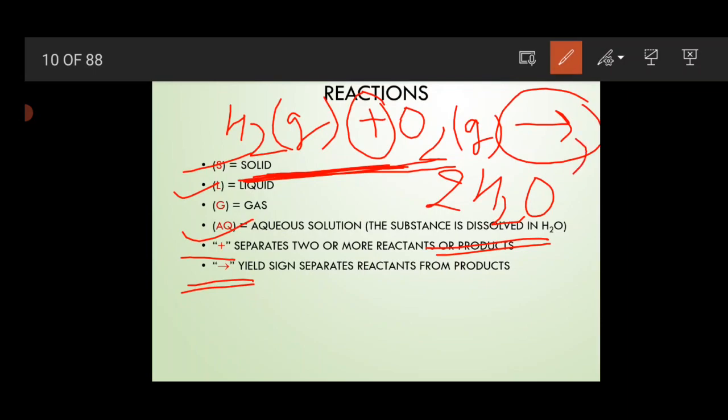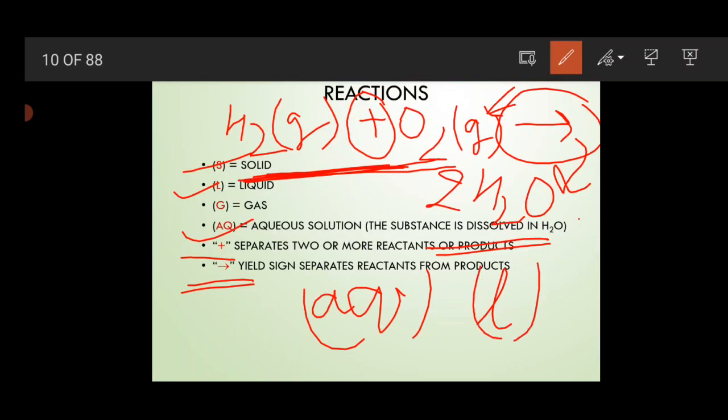The head of the arrow is always towards the product and the tail of the arrow is always towards the reactant. Likewise, we are able to make any chemical reaction more informative. If any reactant is present in liquid form, then we put either an aqueous sign or a liquid sign.